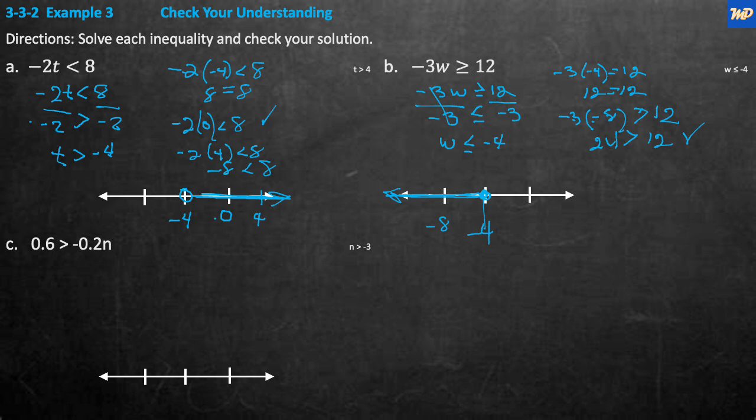Now this one's a little trickier, and I'll explain it as we do it. We're going to solve it like the equation. This is an inequality that is not equal, so we're going to have that circle we talked about. We're going to divide each side by negative 2. In doing so, I'm going to write 0.6 is greater than negative 0.2n.